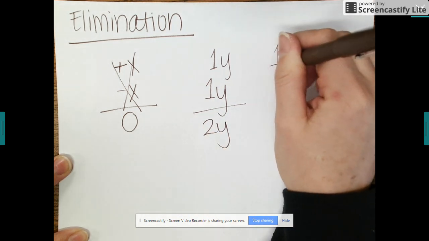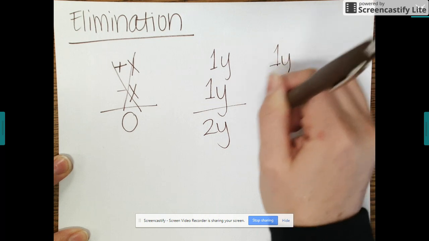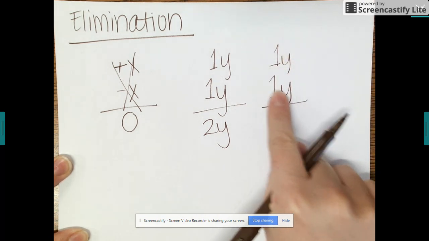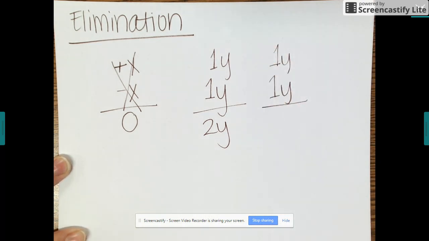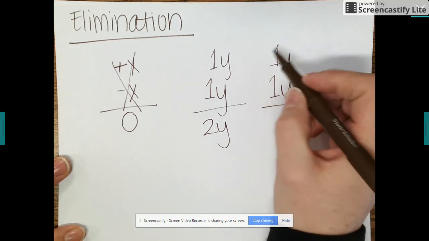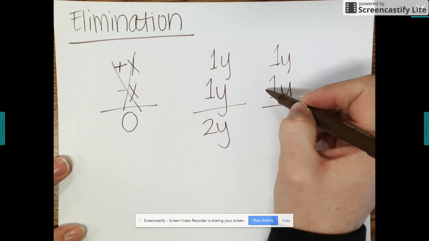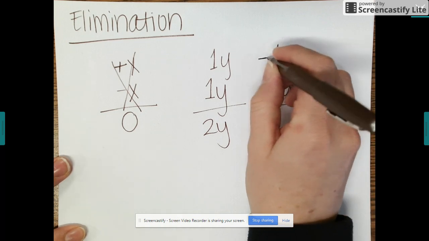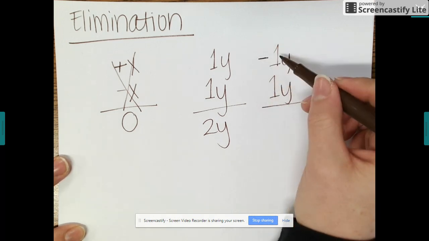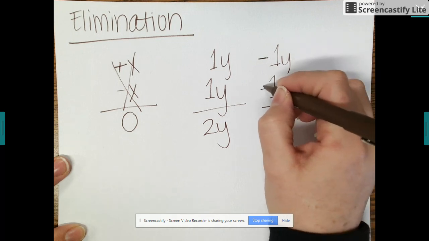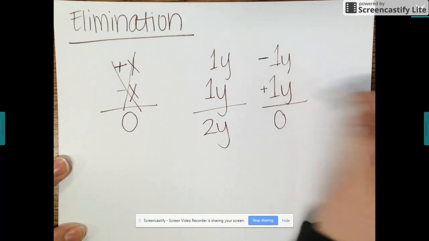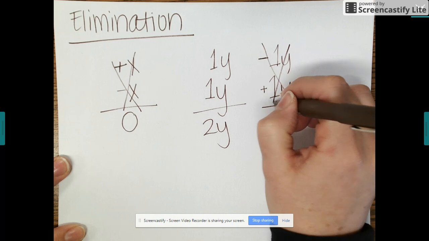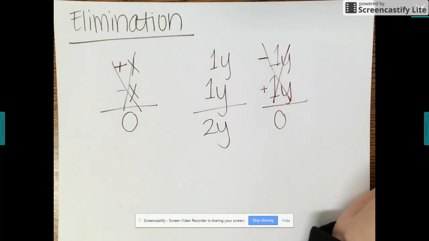So if I have a 1y and a 1y, what has to happen to one of those y's? Hopefully you're thinking, well, one has to be a negative. Doesn't matter if it's the top or the bottom. So let's just go the top this time. So negative 1y plus 1y is a 0. So again, these are eliminated. That is the process that we're going to think about during elimination.